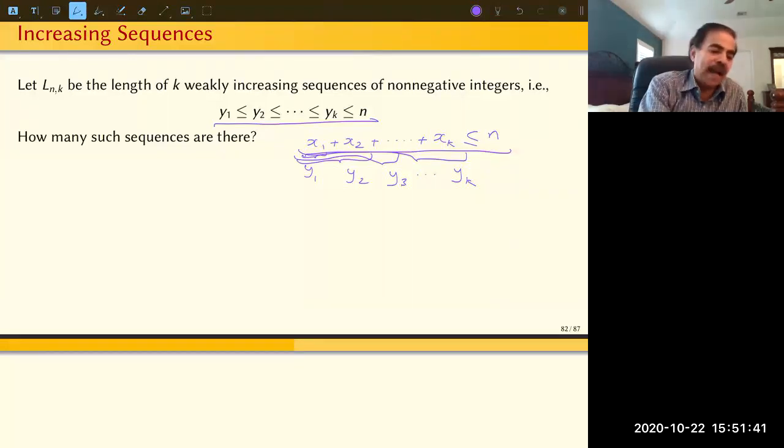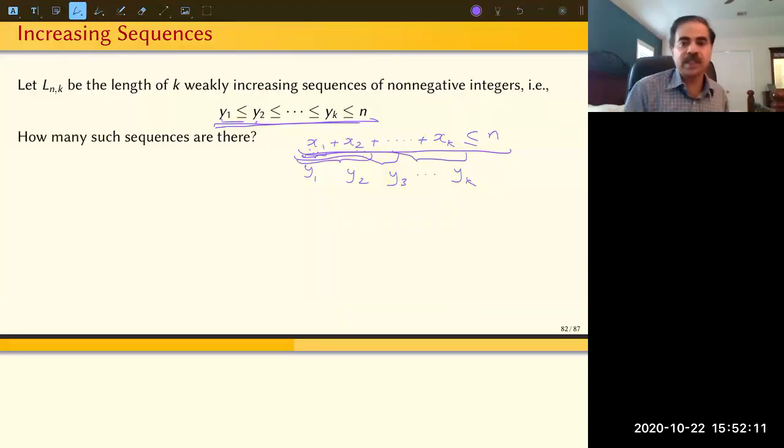So if we map the partial sums here, right? So x1 can be the same as y1, x1 plus x2 can be y2, x1 plus x2 plus x3 can be y3, and so on, right? So there is a mapping between, so it's just simply, this is telling you what is the size of the partition, right?